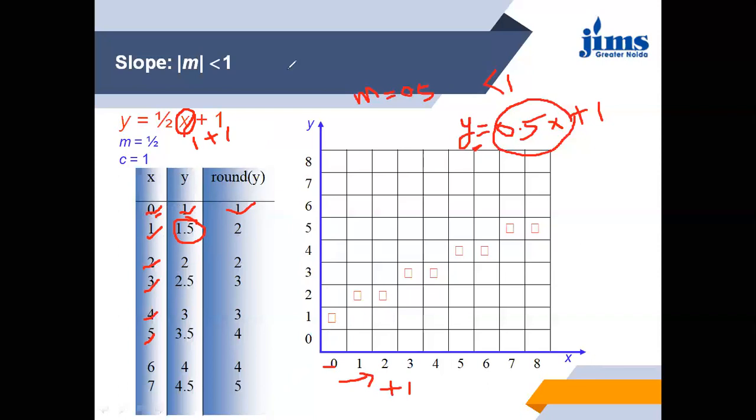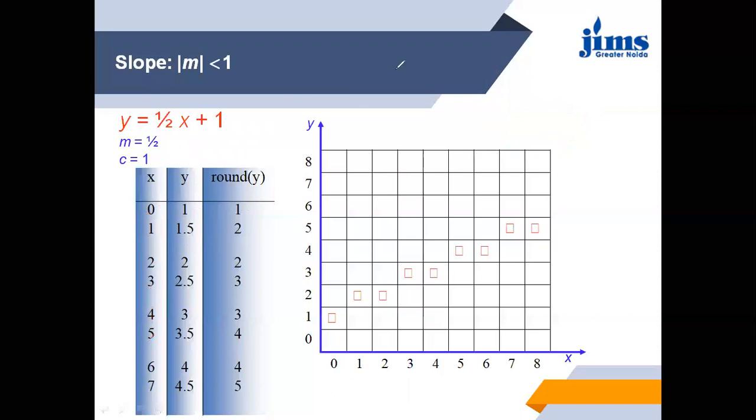So let me clear it first and then we will discuss the things. And let me change the color also. See, we have to draw first 0, 1. So this is 0 on the x-axis and this is 1 on the y-axis. So we draw this pixel.